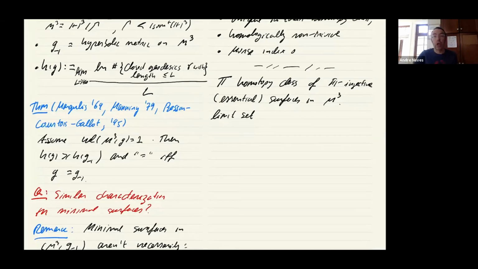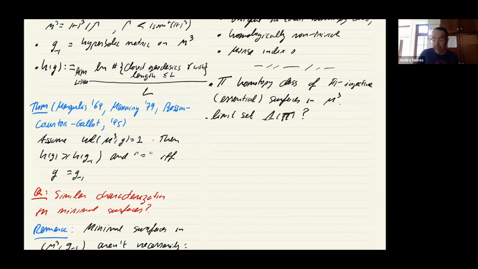They will all be area minimizers in their homotopy class, but I will not consider all possible homotopy classes. I will consider a subset of those homotopy classes, and this is what I'm going to explain now. I started by setting up the notation of taking a homotopy class pi of pi 1 injective surfaces in the closed manifold, and now I want to define what is the limit set of this homotopy class.